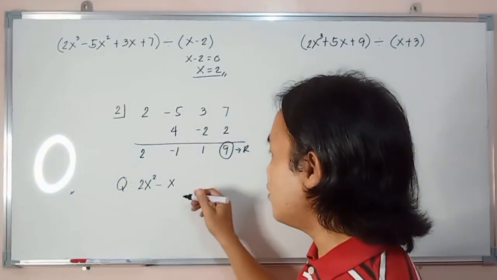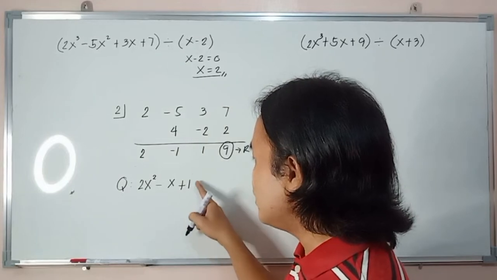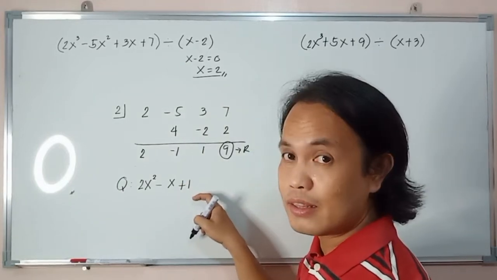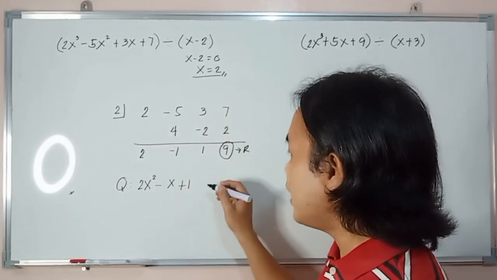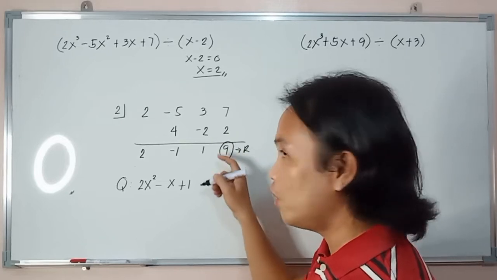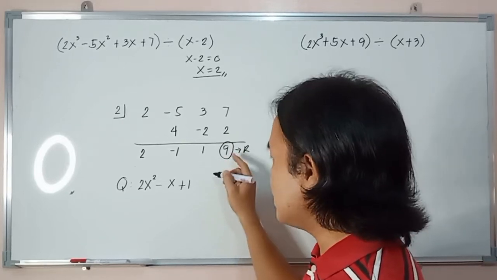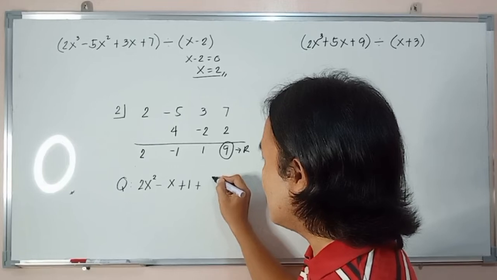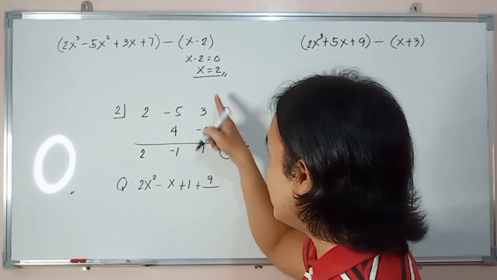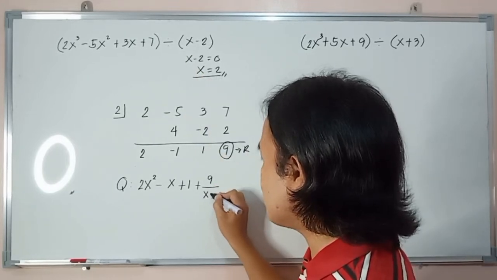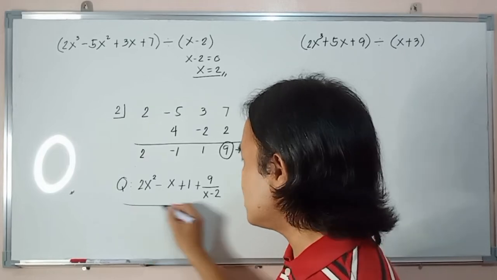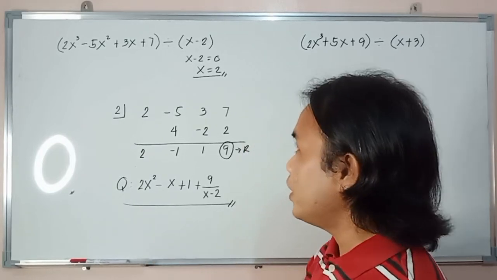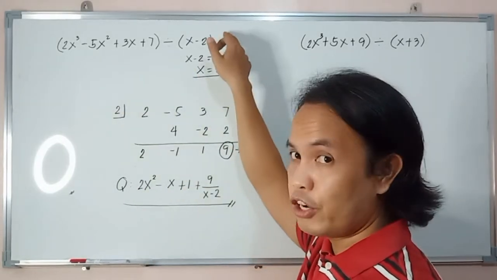Then lastly, we have plus 1. This is now our constant. Then our 9 is our remainder. So how do we write the remainder? Since that is positive, so plus 9 over our divisor x minus 2. So this is now our quotient when we divide this polynomial by this polynomial.